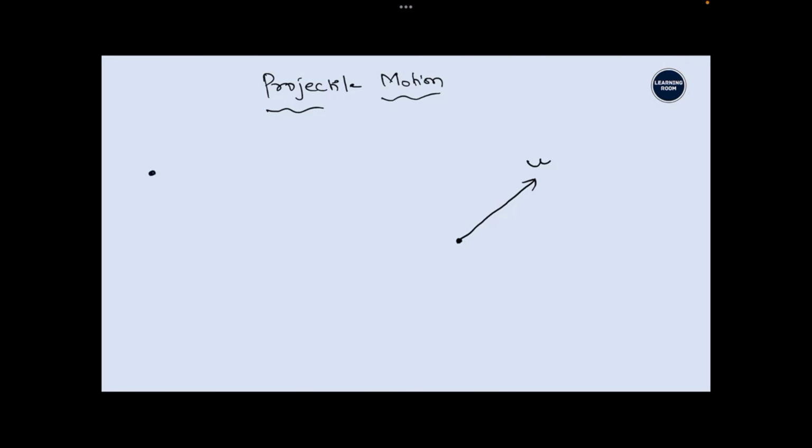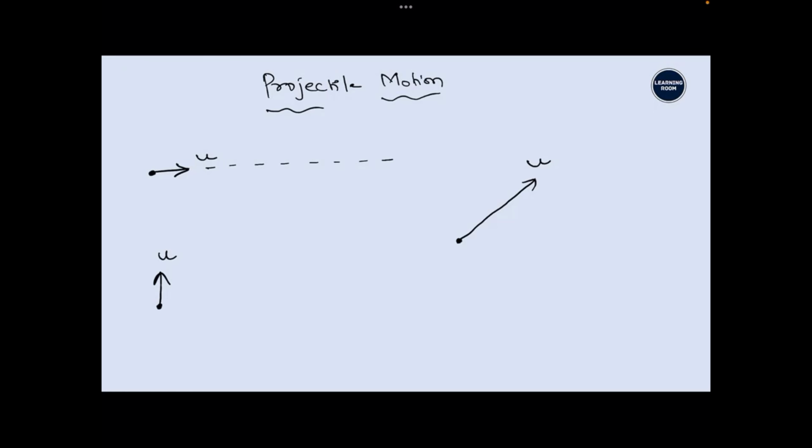If I give you a particle and ask you to move it in the horizontal direction, what will you try to do to it? You will give it a horizontal velocity and it starts traveling completely in the horizontal direction, right? Similarly, if I ask you to project it vertically, what will you do? You will give it a velocity in the upward direction. It starts traveling vertically upward. It will go up and then come down under the influence of gravity. As of now, we are assuming that the object is traveling only under the influence of gravity in the vertical direction.